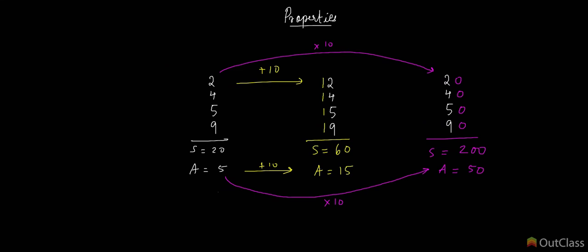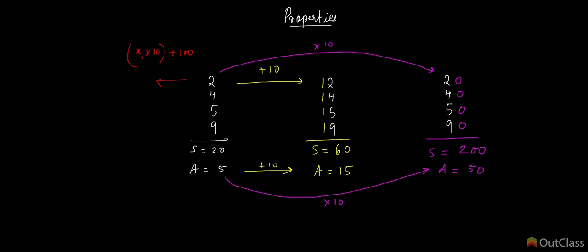You can also do both of these steps together. Let's say I'm multiplying each number by 10 and then increasing each number by 100. My observations xi are each being multiplied by 10 and then increased by 100.